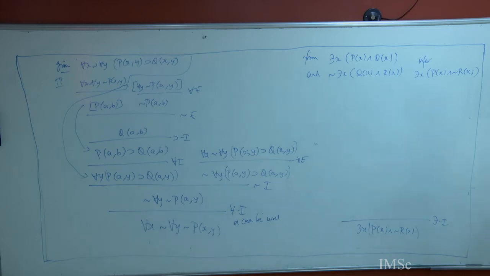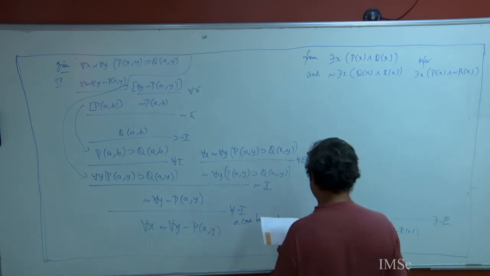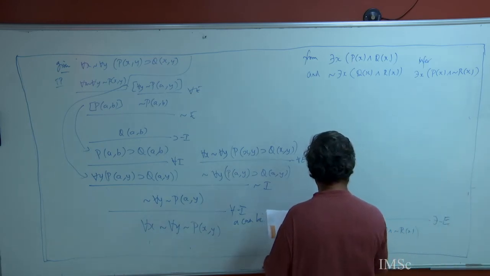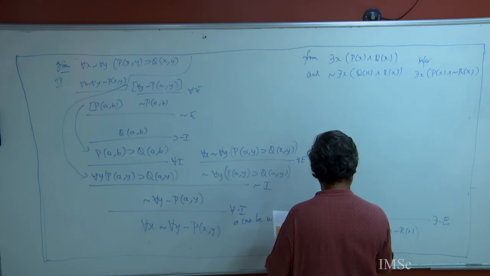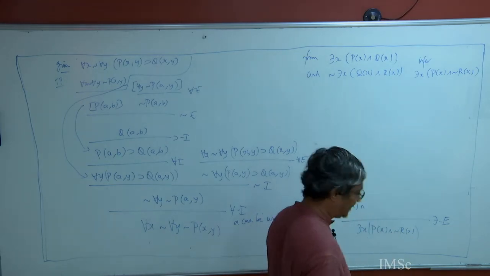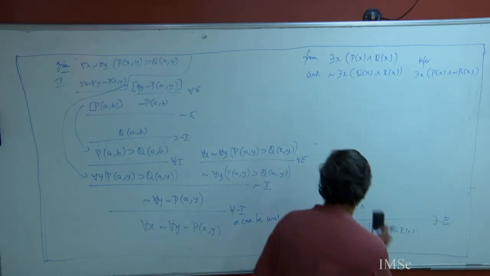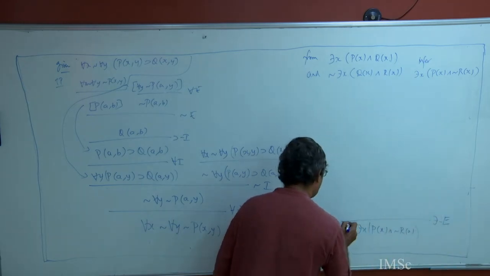So let's see. I'm going to do this by there exists elimination. How do you think you can do it by there exists X elimination? So what I have is this: there exists X Qx and not there exists X Qx and Rx. This is one of the assumptions given, right?